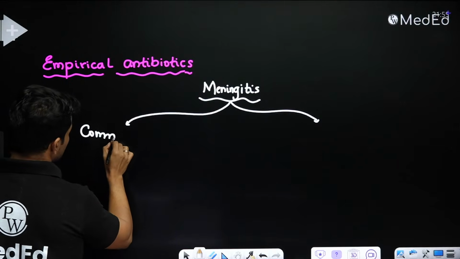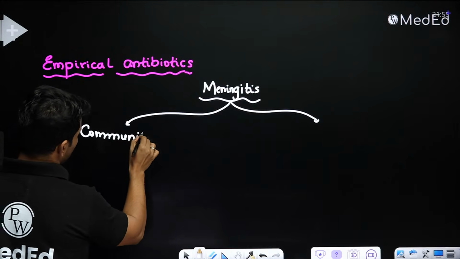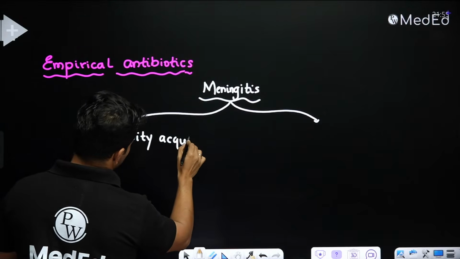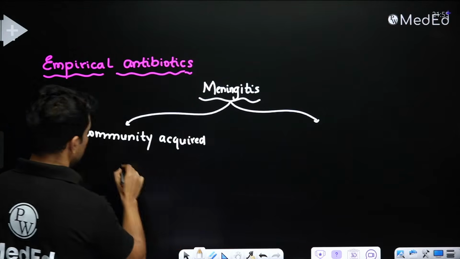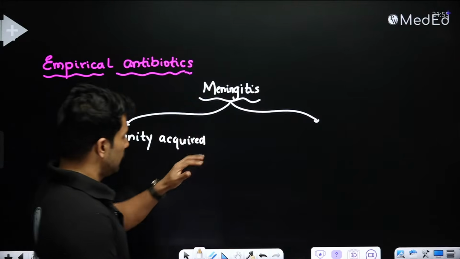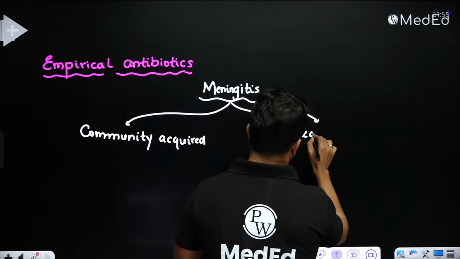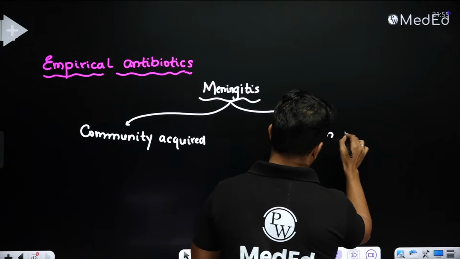What do I mean by that? These patients have no recent exposure to hospital. Community acquired meningitis. And then the other basket, we will put healthcare associated or hospital acquired.